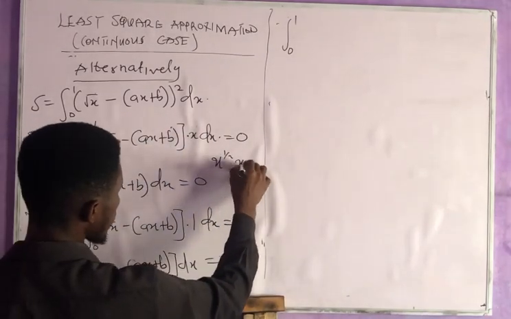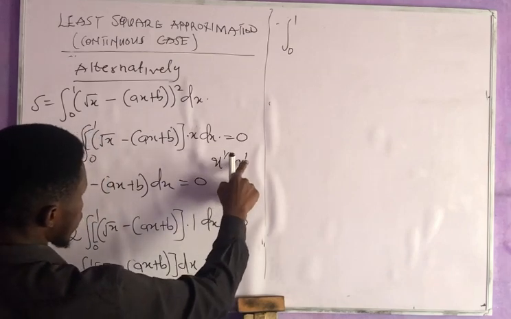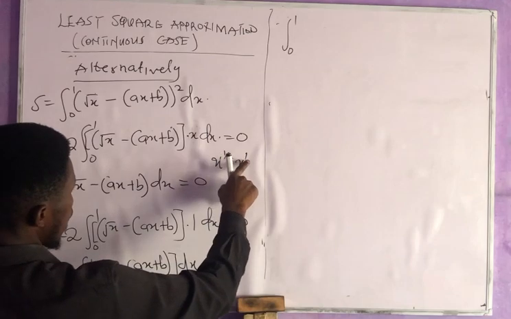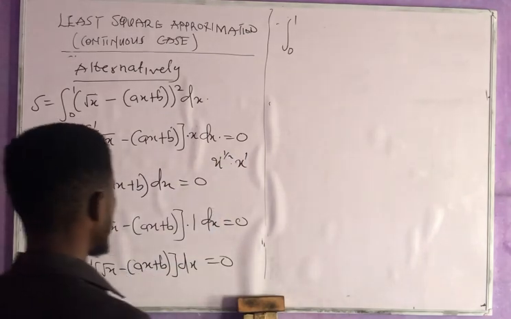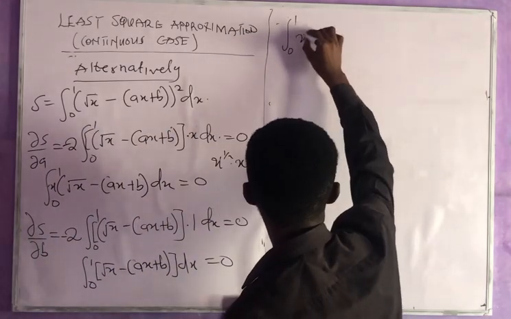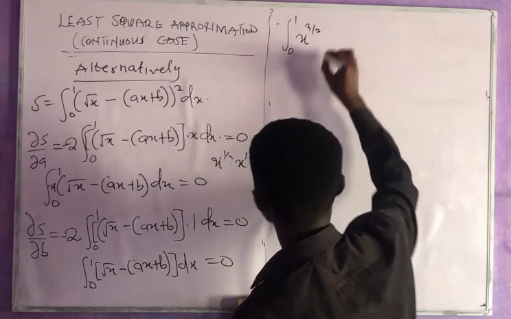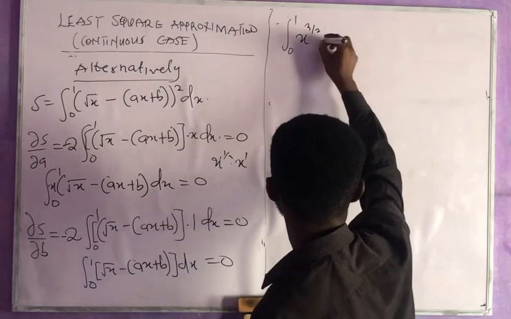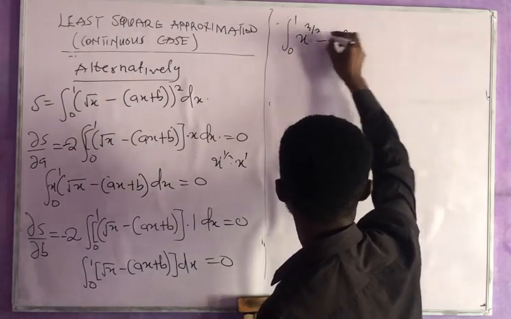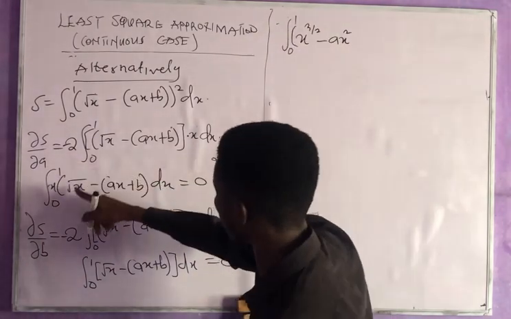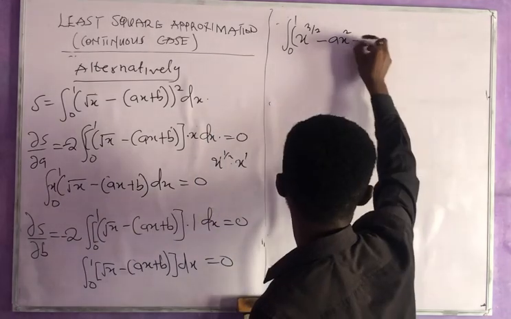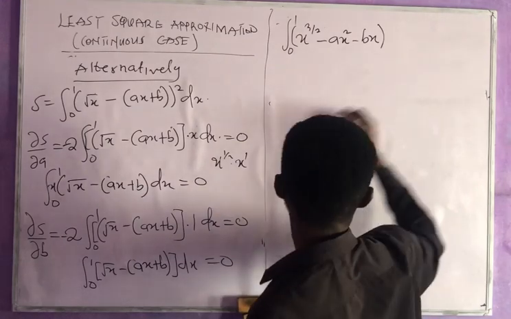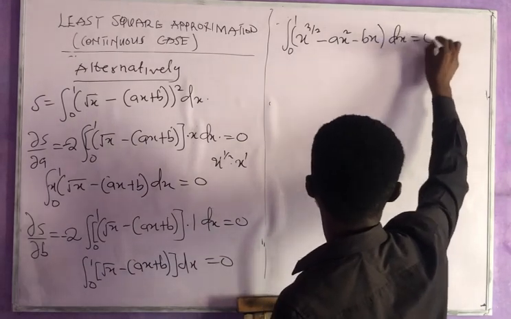This is power 1. 1 plus half, because if the bases are the same, add the powers. 1 plus half will give you 3 over 2. So that will be x to the power 3 over 2. Now this x is multiplying this, and that will give you negative ax squared. And this x is also multiplying this b, that will be negative bx. dx is equal to 0.